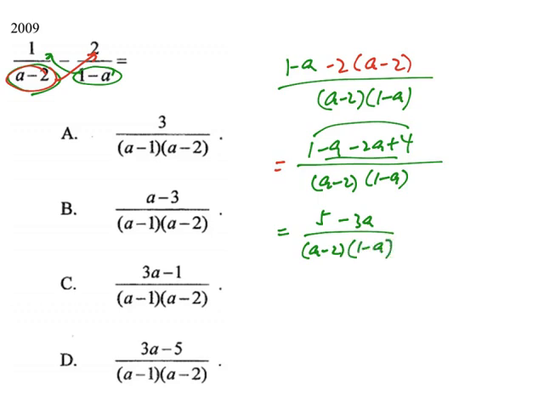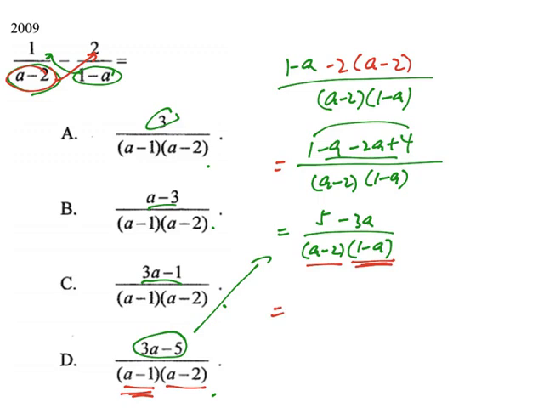Then we'll check which one is correct. You see the denominator, or a minus 1, a minus 2. And for the numerator, 3a minus 1, 3a minus 5, very similar. Okay, but actually you can compare the denominator first. A minus 1, a minus 2, this one is minus 2, 1 minus a. Actually, this one and this one is opposite.